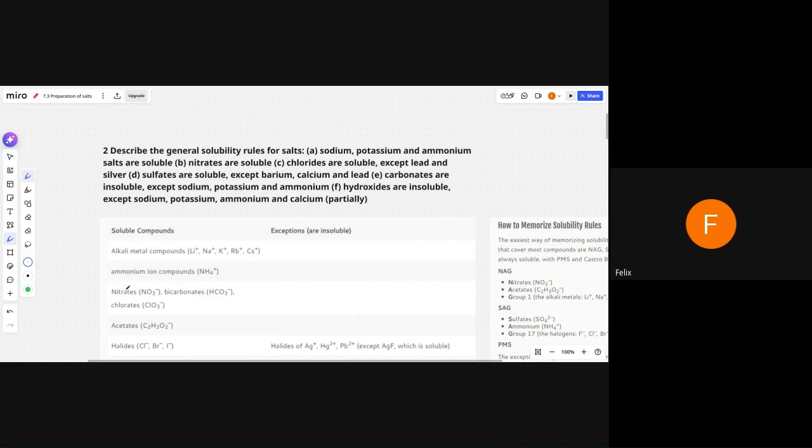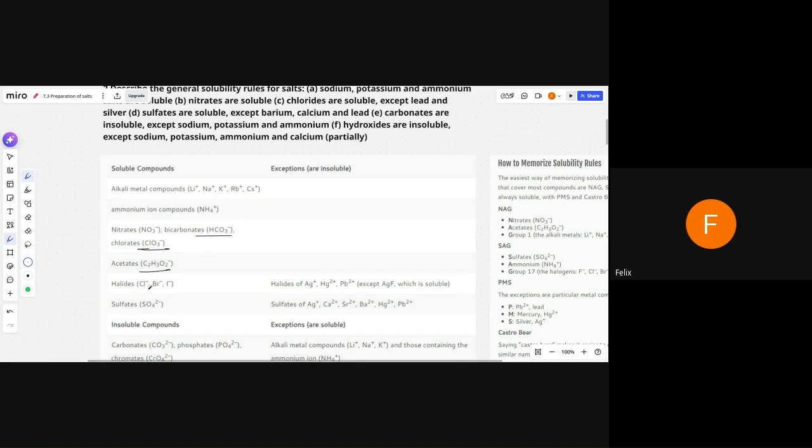Nitrates, bicarbonates, and chlorates are also soluble without any exception, and acetates are also soluble. Bicarbonates and chlorates are not included for IGCSE Cambridge 0620, and acetates as well. So you can ignore them, but it is better to understand them.